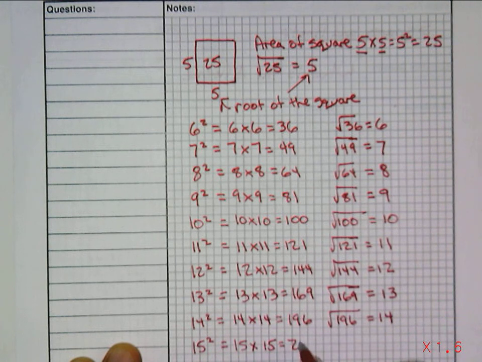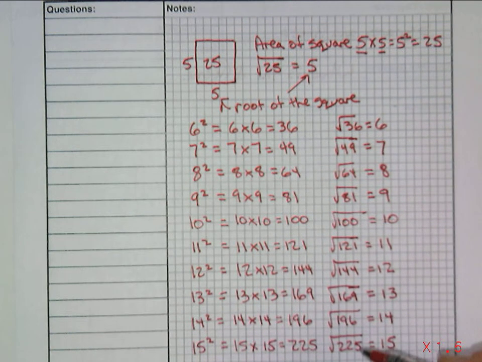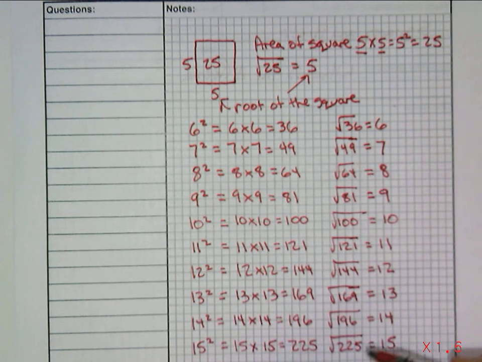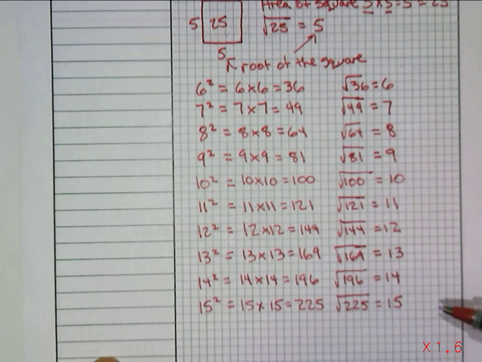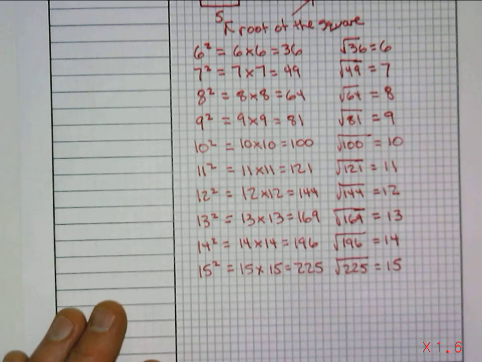And that's 225. And so the square root of 225 is 15. Again, what's happening is if you're finding squares with these areas and we want to know the side lengths, then if we know those perfect square numbers, we can find that square root pretty easily, although certainly could use a calculator in some cases.